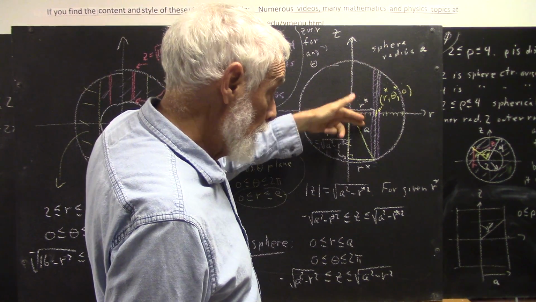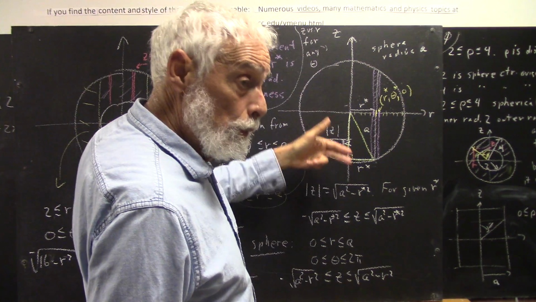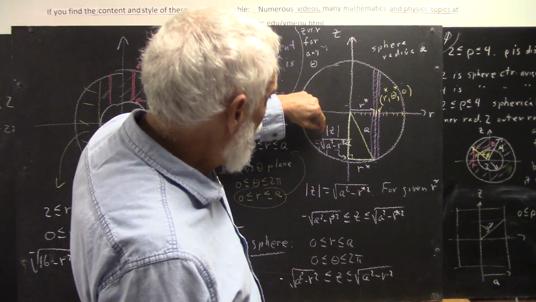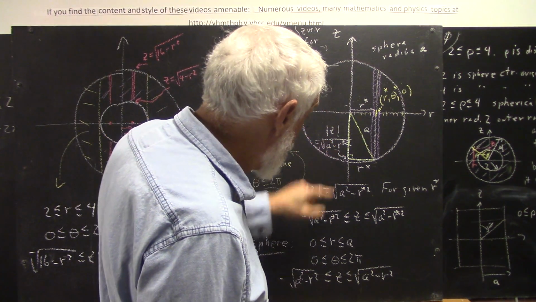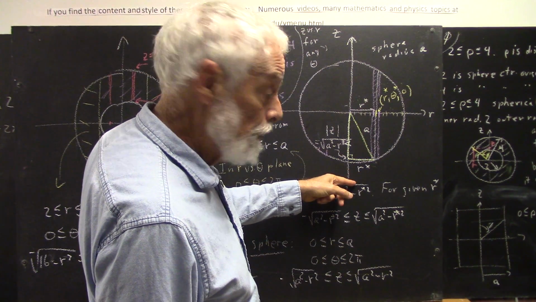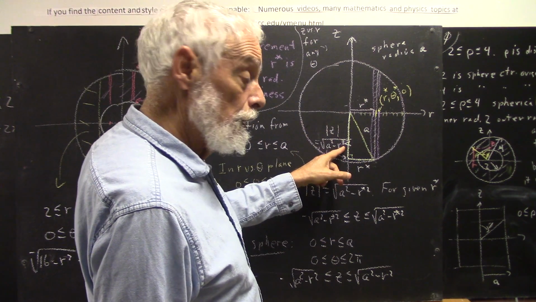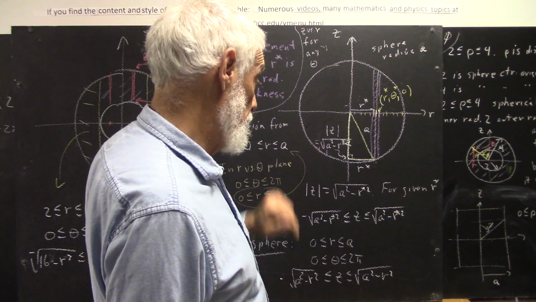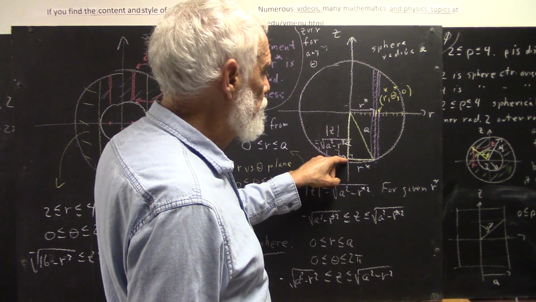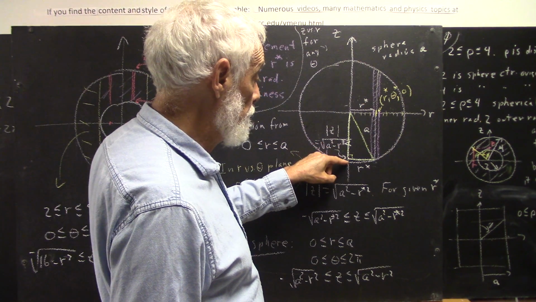Knowing the hypotenuse and this leg, we can easily find the other leg, which corresponds to our z-coordinate: the absolute value of z at this point has to be the square root of a squared minus r star squared. That's what I've written here. And at this point, z equals negative square root of a squared minus r star squared.